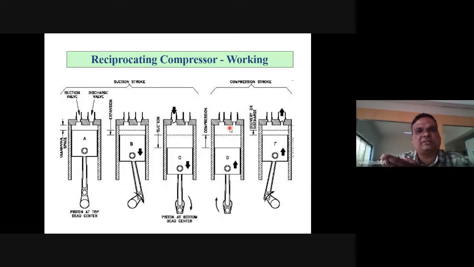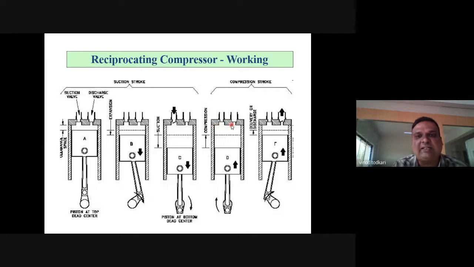See, it is very simple. In the compression stroke, the volume of air decreases. We say PV/T is equal to constant, so if volume is reducing, P should increase. So pressure increases. In the compression stroke, the piston moves from BDC to TDC, the volume of air decreases and its pressure increases.